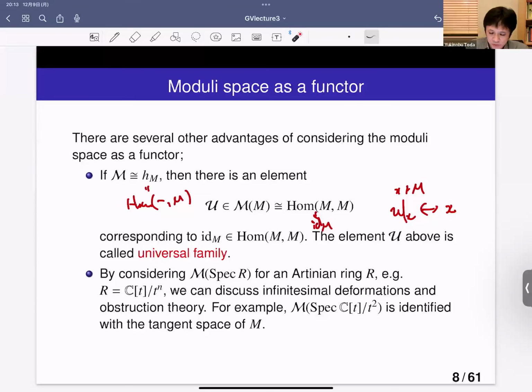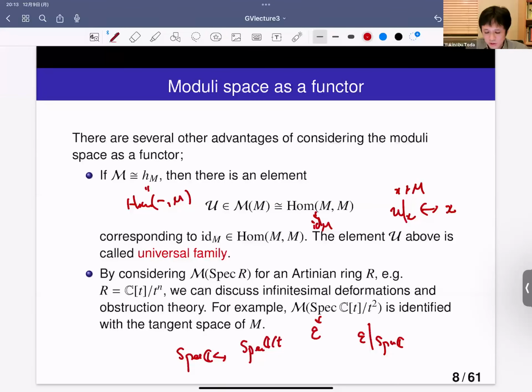For example, if we consider M spec C[t]/(t^2), this object corresponds to that. If you restrict it to spec of just C, so there is a closed embedding from here to spec of C[t]/(t^2). And if you restrict it to here, then it corresponds to some object.